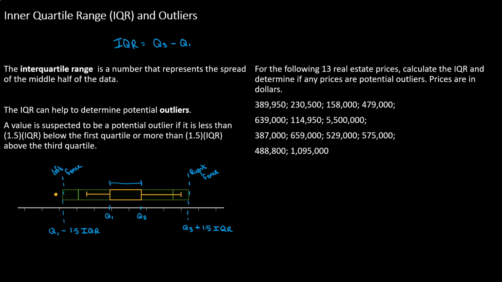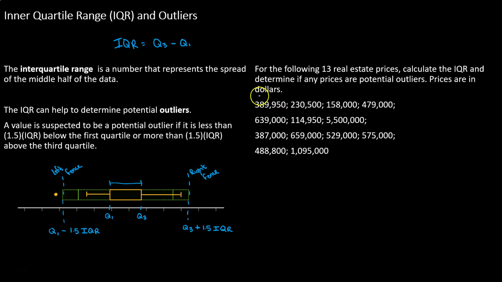Let's take a look at an example where we calculate the left and right fence and then use them to determine if we have any outliers. In order to calculate the left and the right fence, I need to know my IQR. And in order to know my IQR, I need to know my first and my third quartiles. We know how to find these by hand, but we can also find them on our calculator.